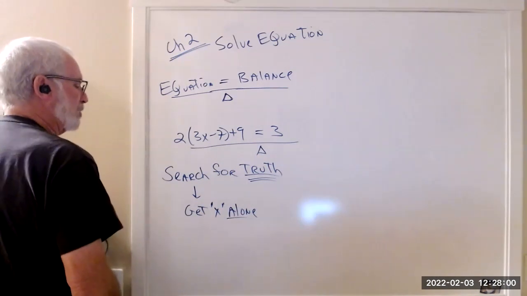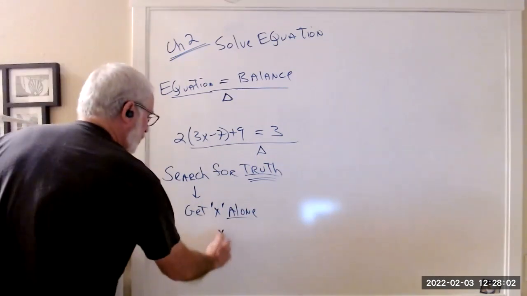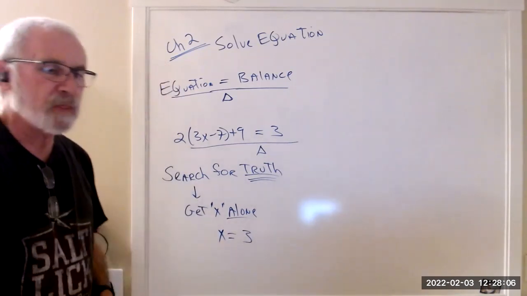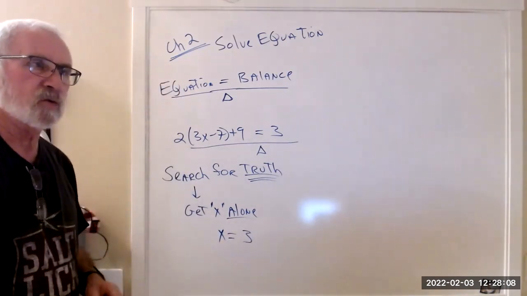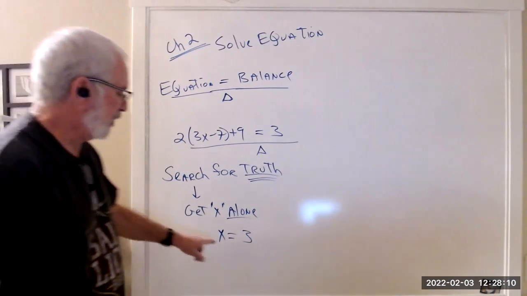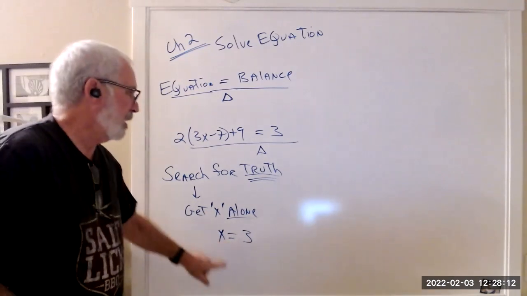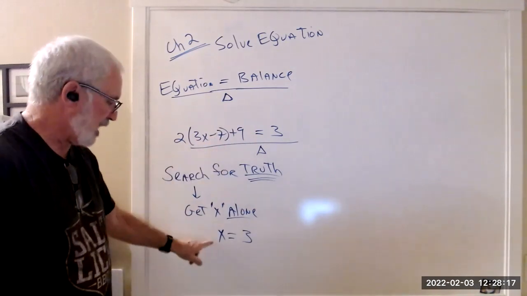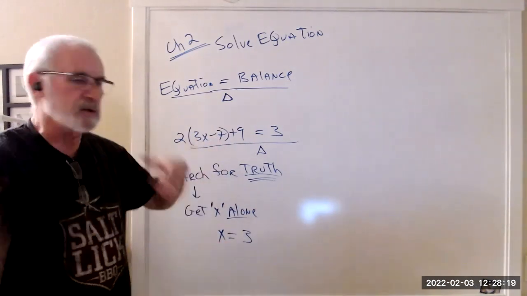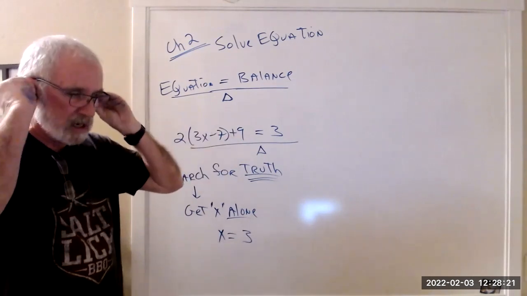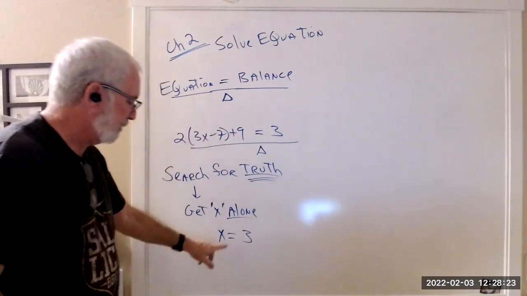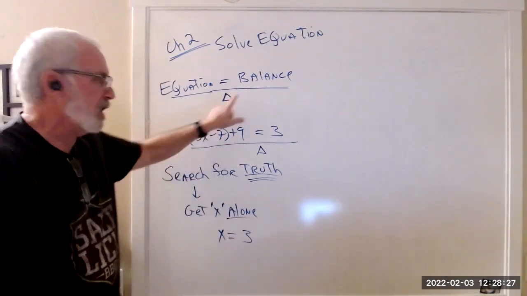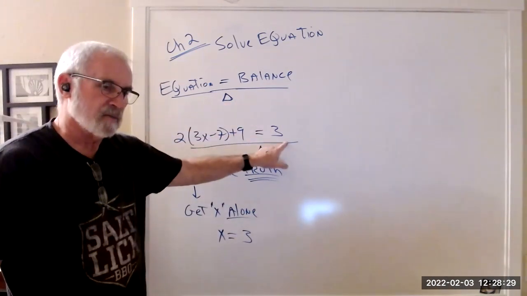You get x alone, and when you do, you get something like x equals 3 or something like that. What that implies is that 3, if you plug it into this problem in place of x equals 3, assuming you did all the rules correctly and didn't screw up or anything like that, 3 makes the left side equal to the right side.